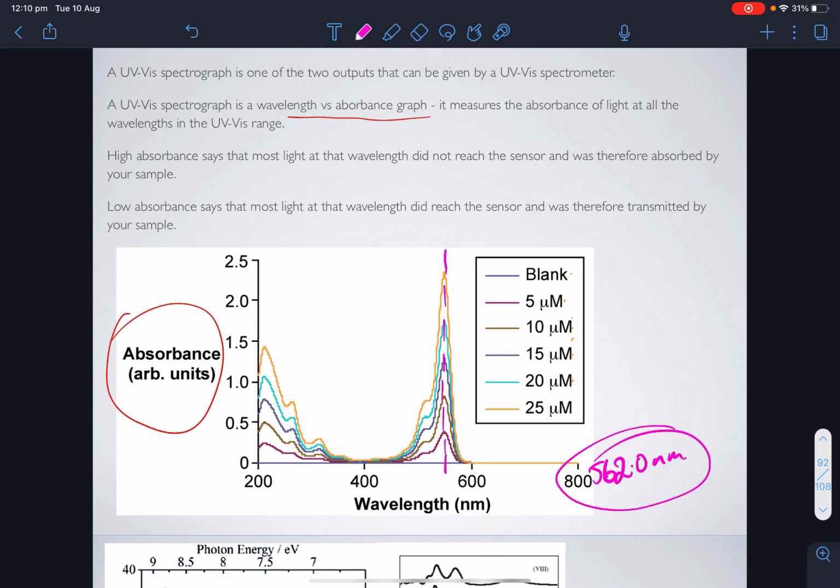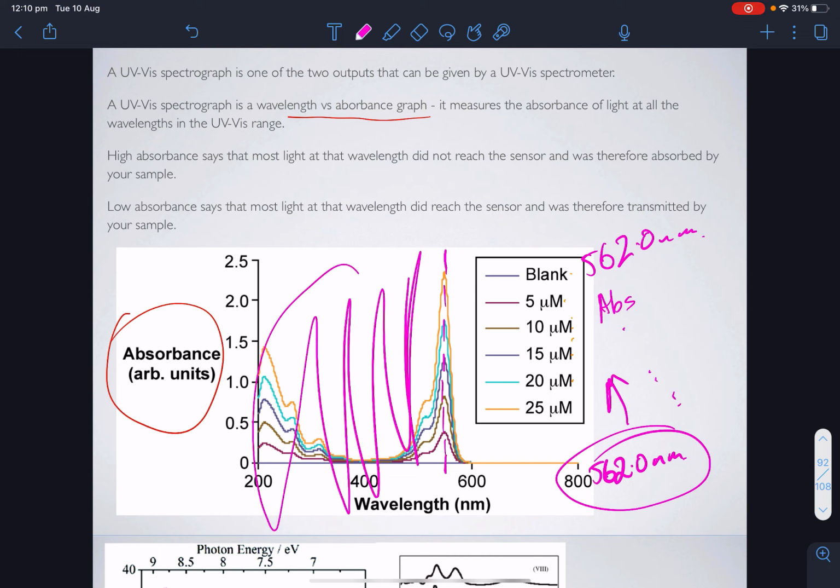Okay, well, to save time in doing this for my lot of samples that I'm trying to work out the concentration for, I'm going to use my UV-Vis spectrometer as a colorimeter, and I'm going to set it to 562.0 nanometers, and I'm just going to get absorbance values out of it, just to save time. I'm not going to measure all of this once I know I've got this nice peak that I can just zero in on.